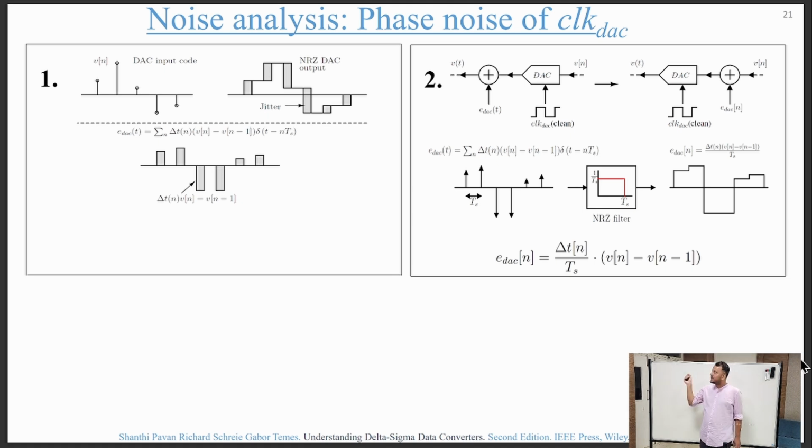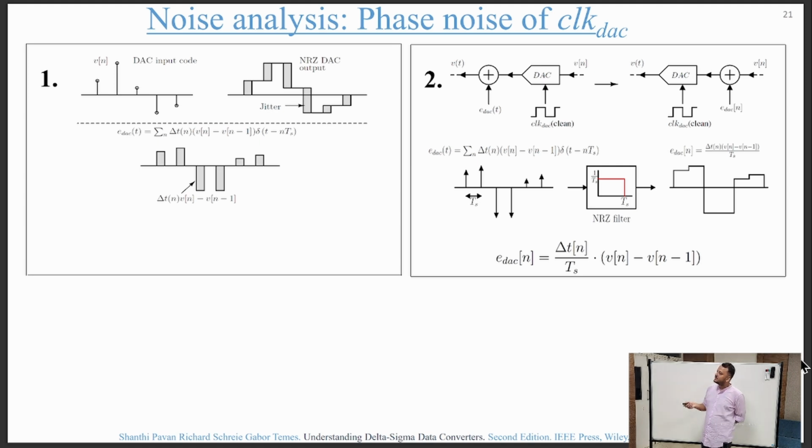That is referred to the input of the DAC so that it can be easily modeled. Basically it is just divided by Ts. Each impulse is spread across the pulse area, so that it can be easily written.